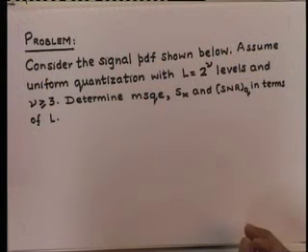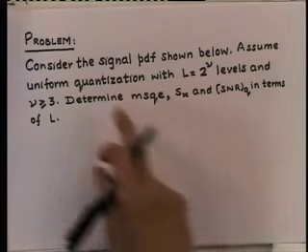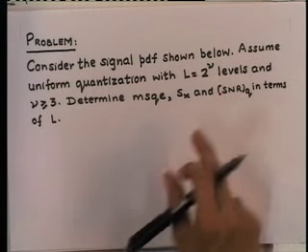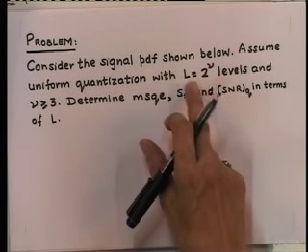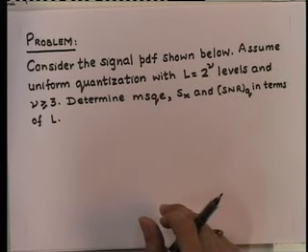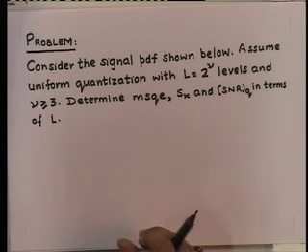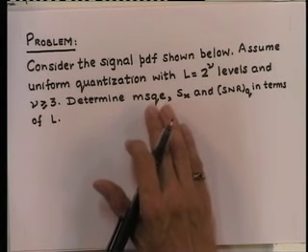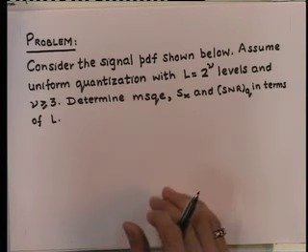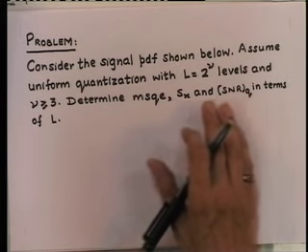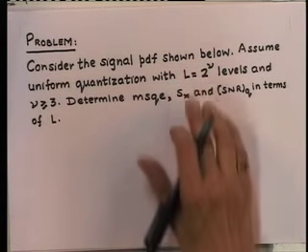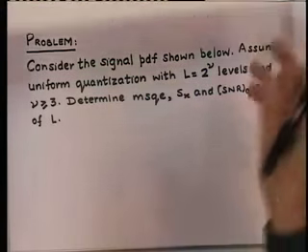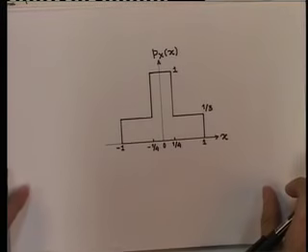So, let us take problem number 1, which says that consider the signal PDF shown below, assume uniform quantization with the number of levels L equal to 2 raised to nu, where nu is greater than or equal to 3, and the problem is to determine the mean squared quantization error, the variance of the signal, and signal to quantization noise ratio in terms of the quantization levels L. And the signal PDF is as shown here.